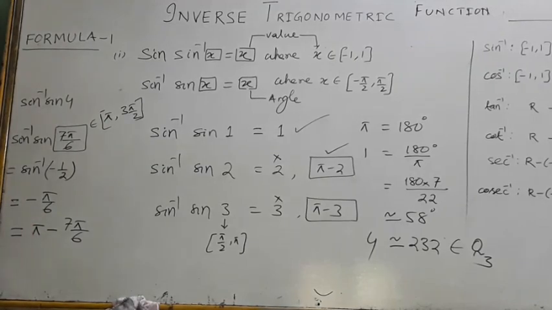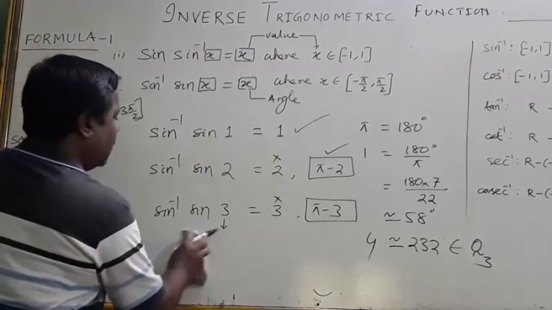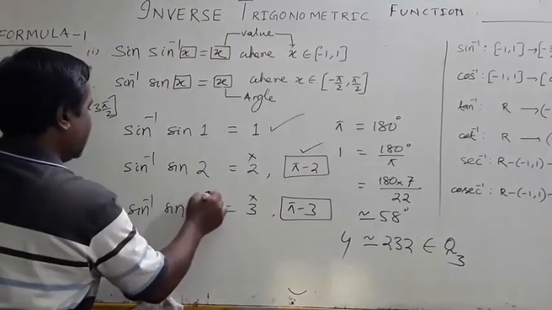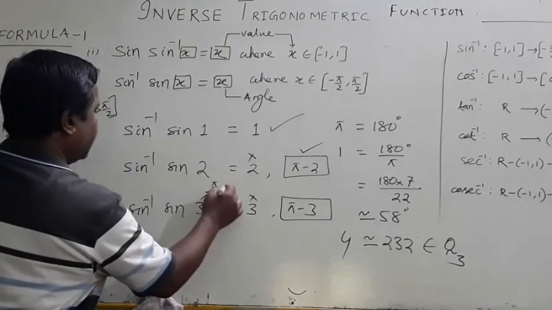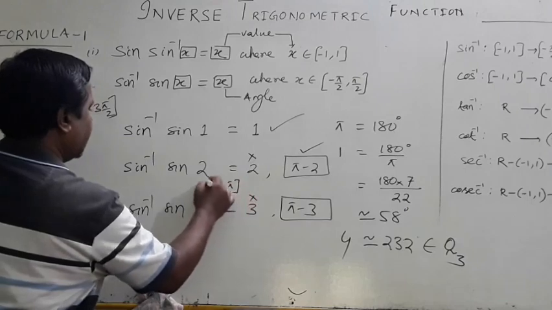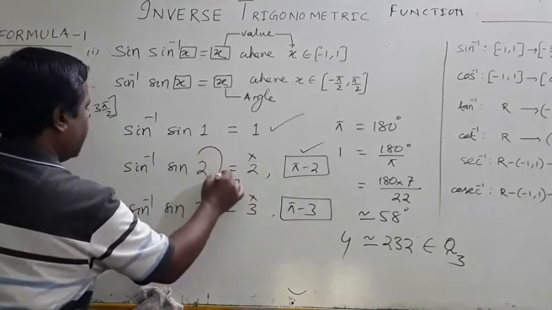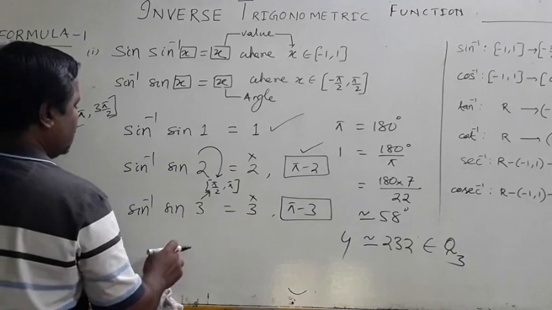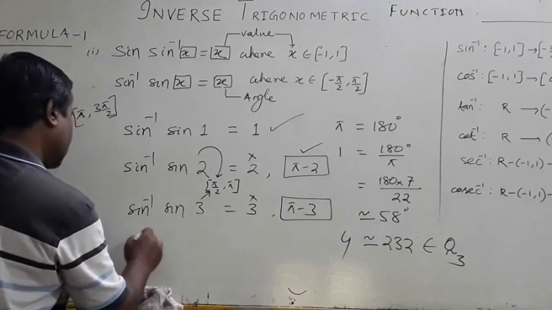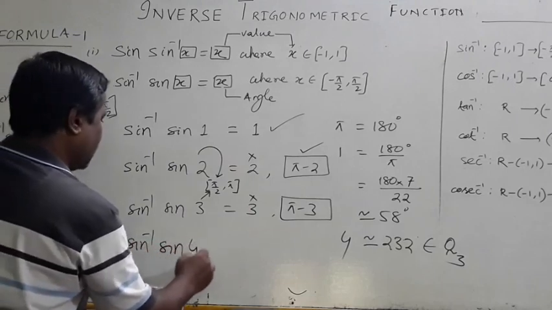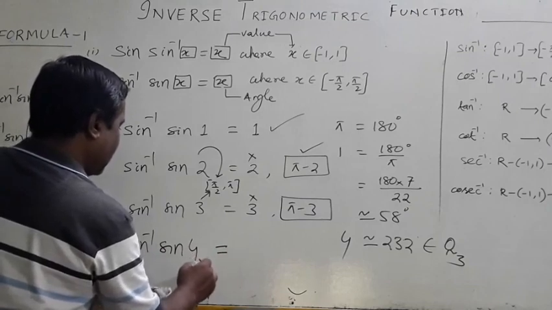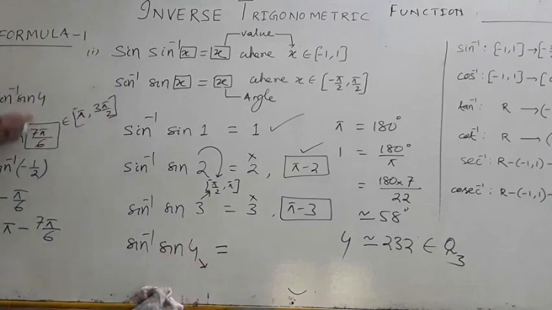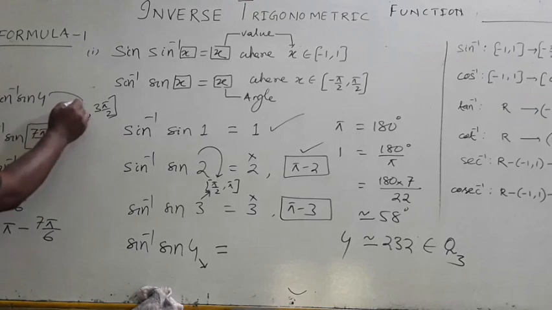Similarly, for sine inverse sine 4, this belongs to pi by 2 to pi. Both 2 and 3 belong to this. Now sine inverse sine 4, which is equal to this 4, lies between what? This 4 lies between pi to 3 pi by 2.